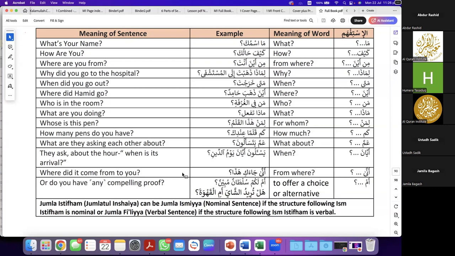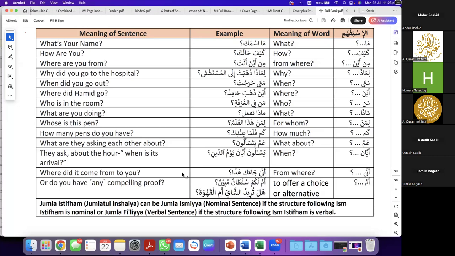From, where, you. In English, it's the other way around: where you from. Obviously, for easy understanding, we insert words like is and are. So min aina anta means where are you from? And this cannot be changed around. If you want to ask where are you from, this is how you say it, min aina anta.